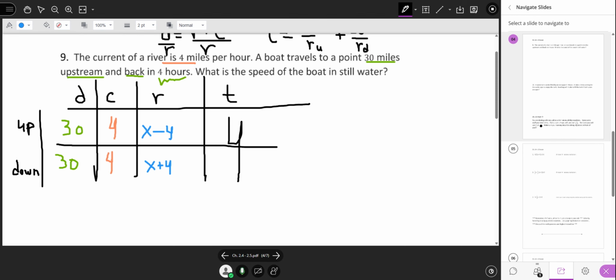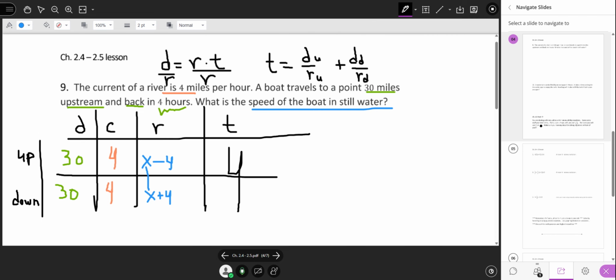Then it says, what is the speed of the boat in still water? So that's what you're trying to get to, and that's what x is. X is the speed of the boat in still water. So T is this formula.